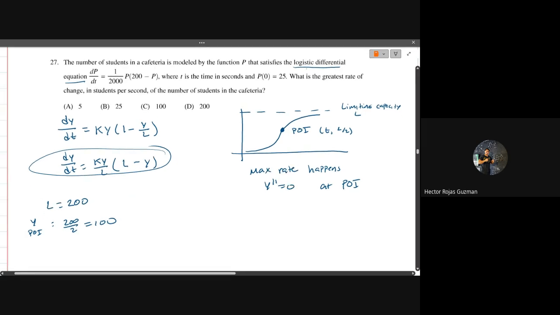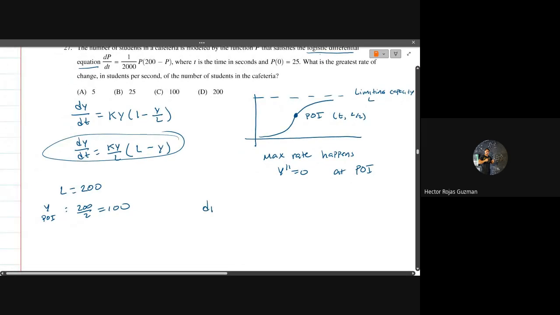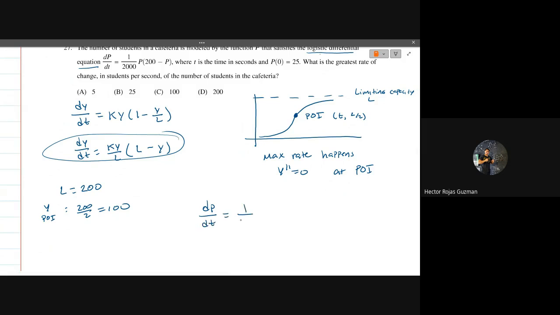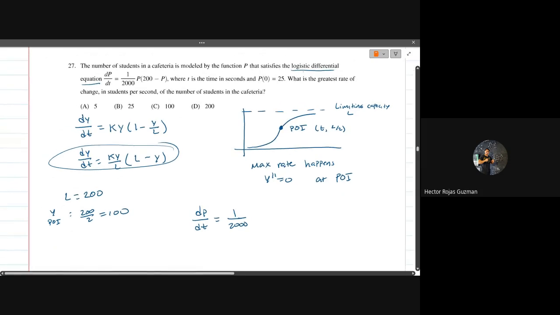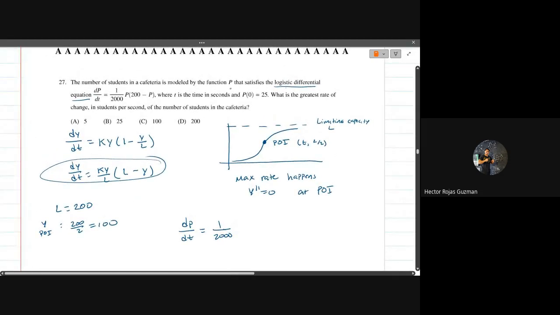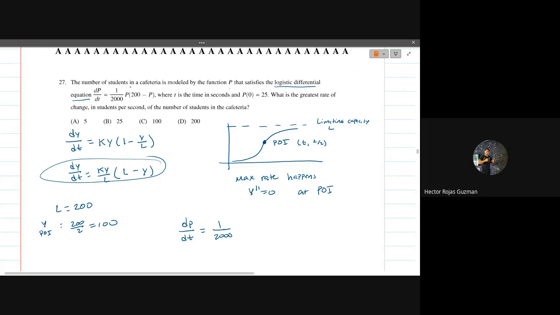So you're going to go back to your differential equation, dp dt, which is 1 over 2,000 times p. P right here is the y value. If you look at the problem, it says the number of students in the cafeteria is modeled by the function p.